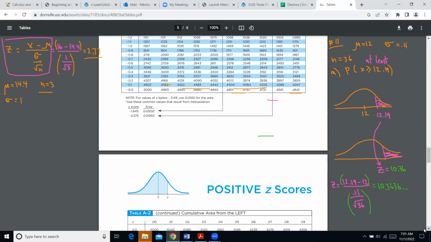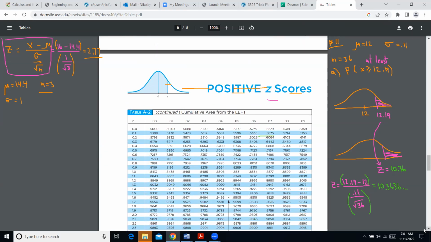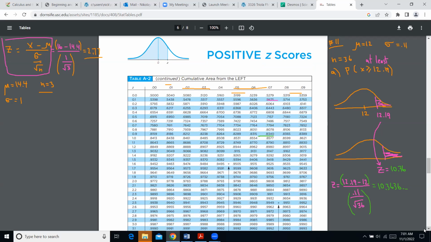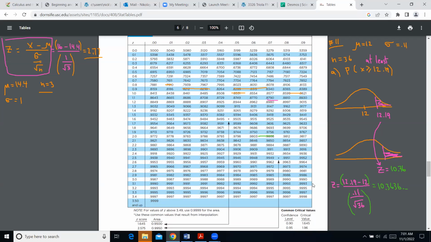So go to the page of positive z-scores, which is page 6. And I noticed that 3.5 or larger is all I can do here because there are no bigger numbers than 3.5, but that's okay because they tell us that the area from that z-score to the left will be a point and a bunch of these nines, right?